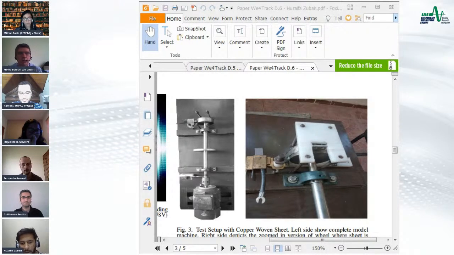So the actuator pulls the sheet onto the shaft, and when the shaft is covered with the sheet, the voltage starts decreasing.